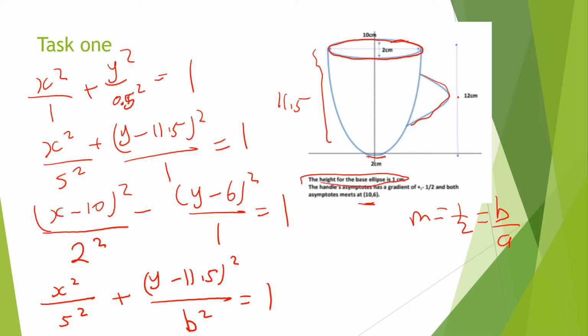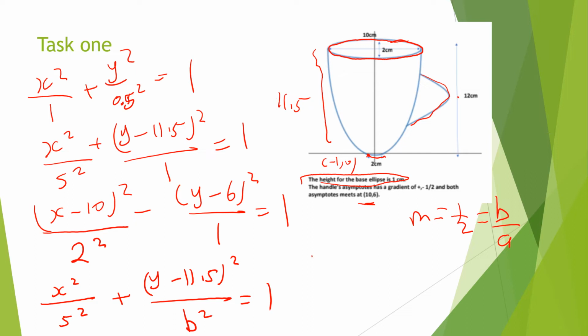So what do you need to do? We want our body ellipse to pass through this point here, which is (negative 1, 0). So we're going to substitute that (negative 1, 0) into this equation here and find the b. I'm going to use a different color.